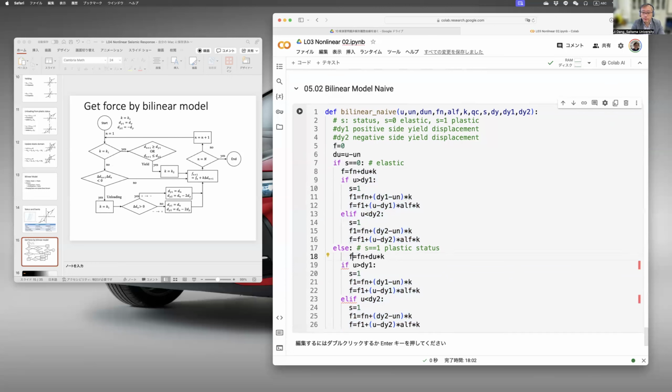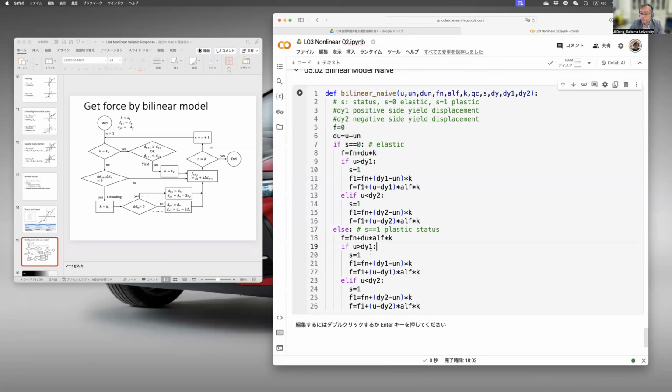So f will become the multiple alpha multiple k.